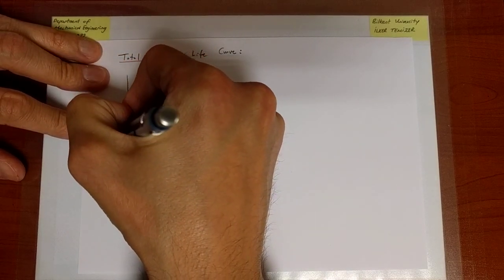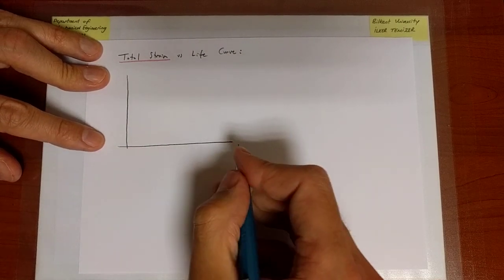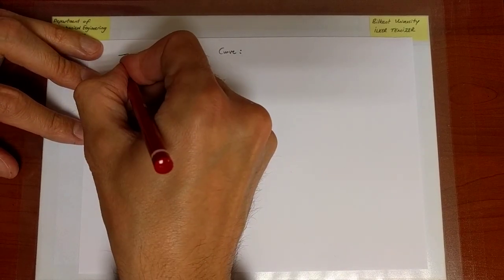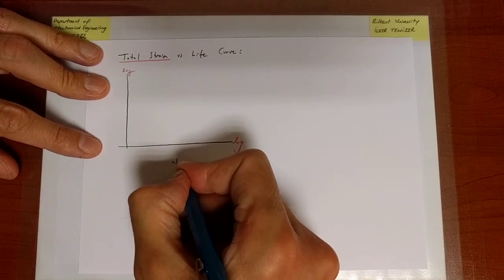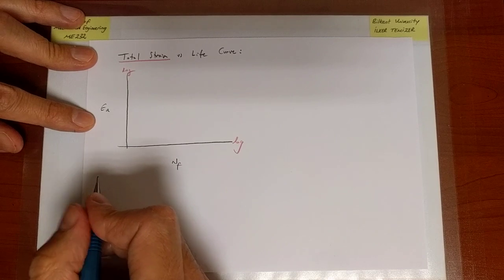So we have, again, on a log-log scale, that's the convention in the case of strain-based fatigue. On a log-log scale, we have number of cycles to failure versus now the total strain amplitude.